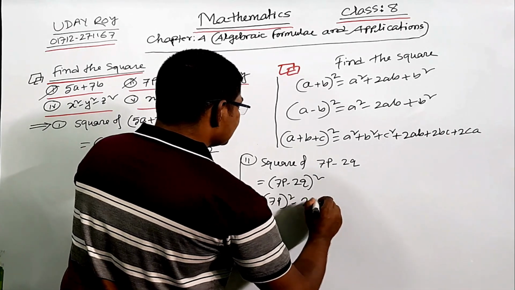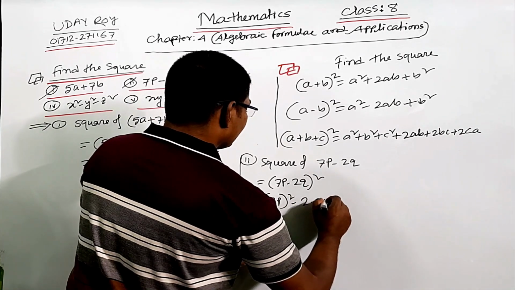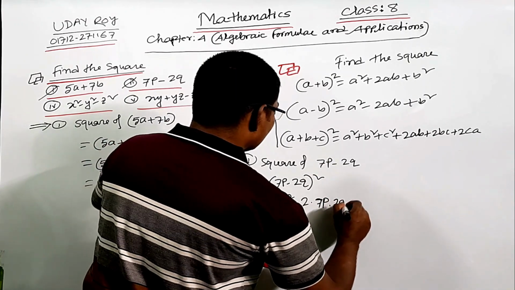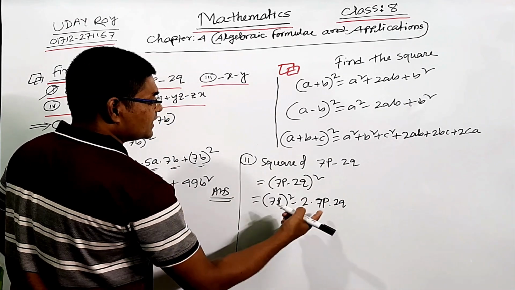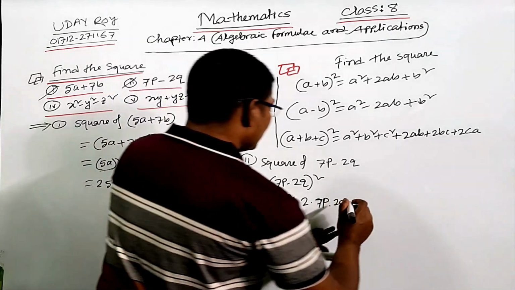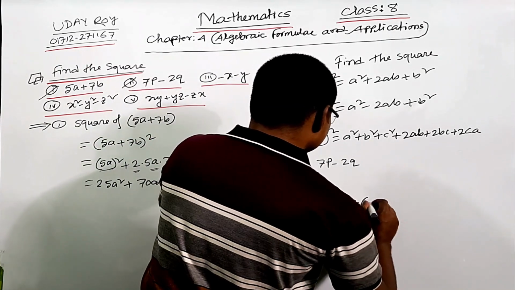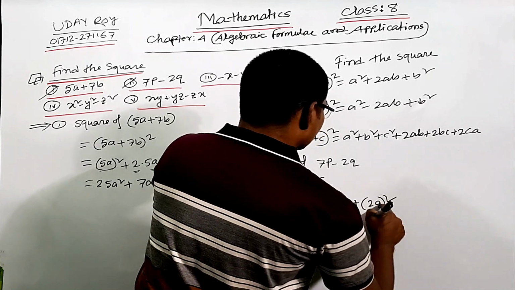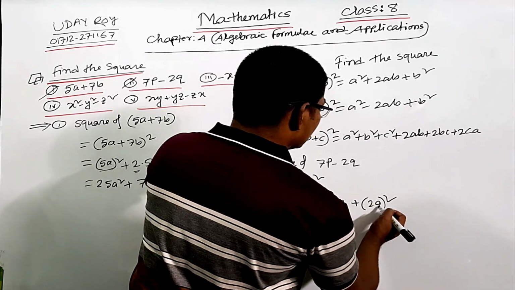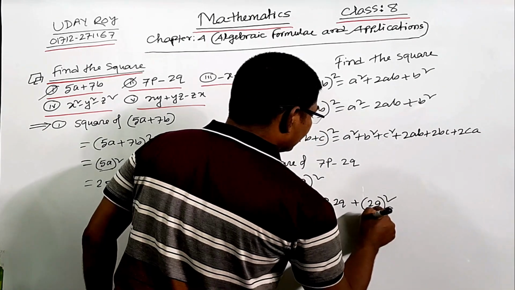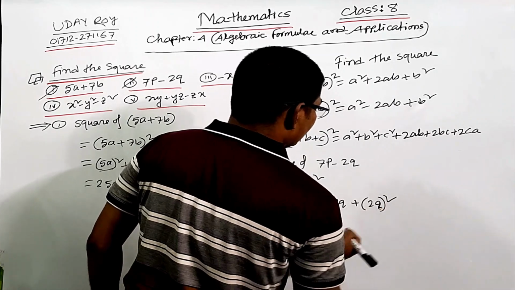a square minus 2ab plus b square. This is a and this is b. That means this is 7p and this is 2q, so 7p minus 2q whole square.